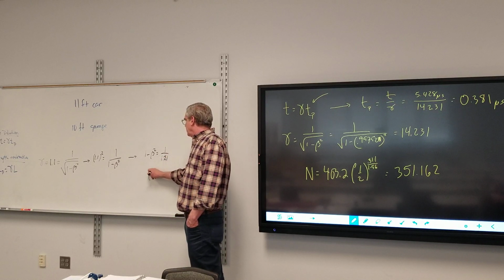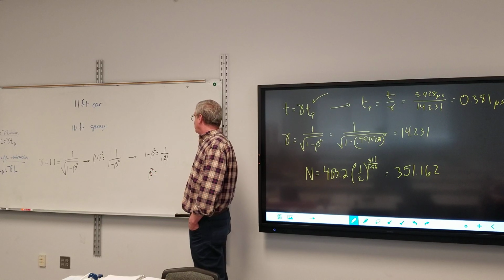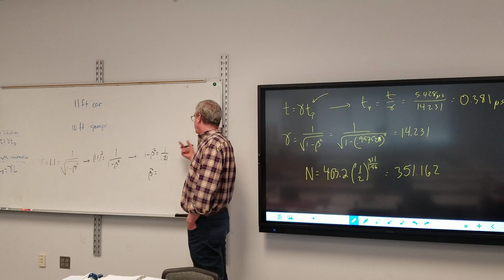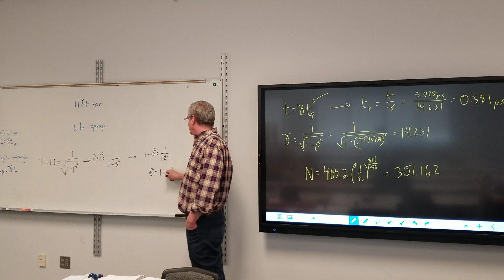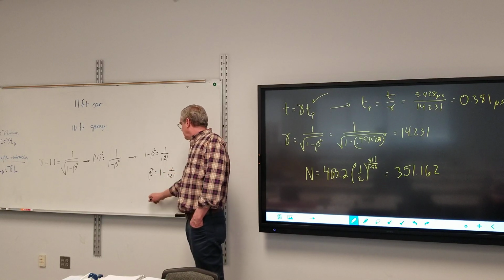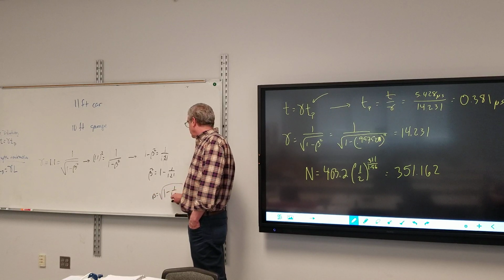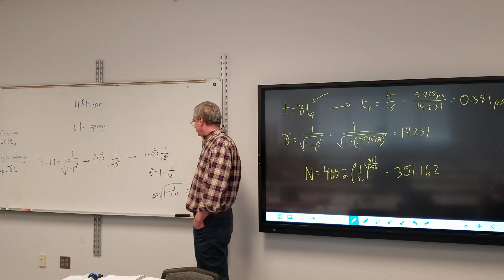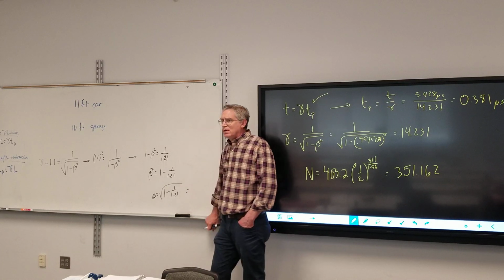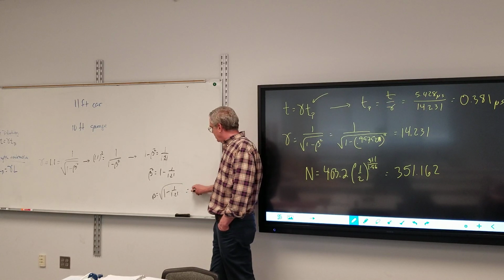Beta squared is equal to, let's see, add that, subtract that, 1 minus 1 over 1.21. So beta is the square root of 1 minus 1 over 1.21, which is 0.4166.